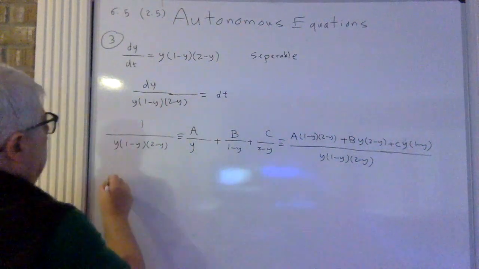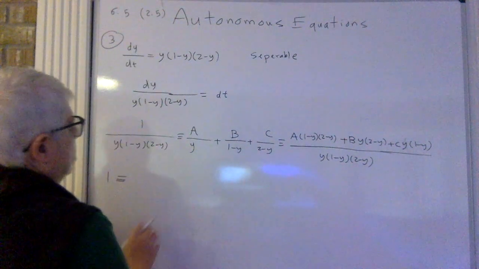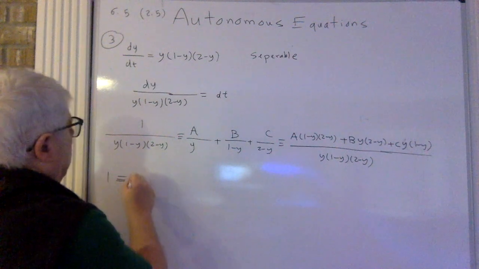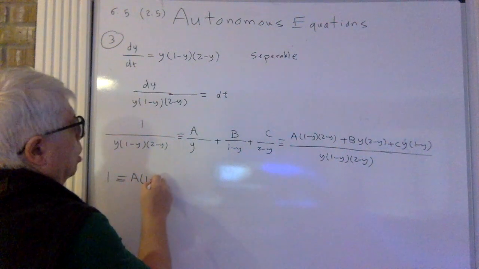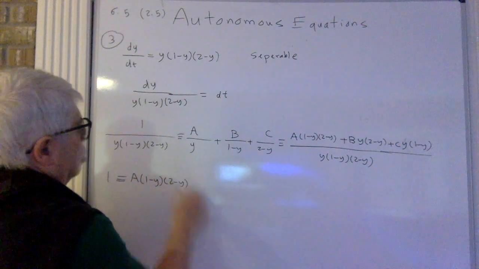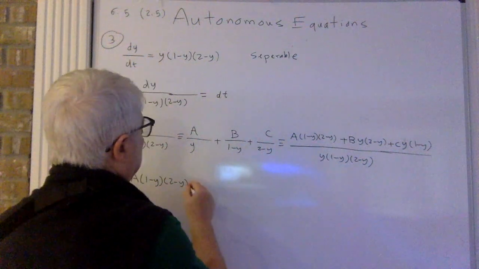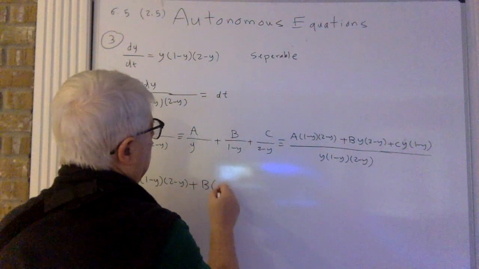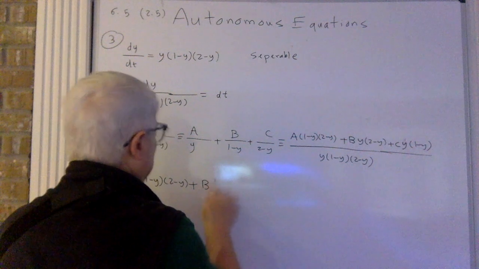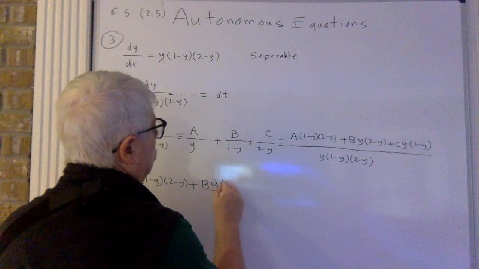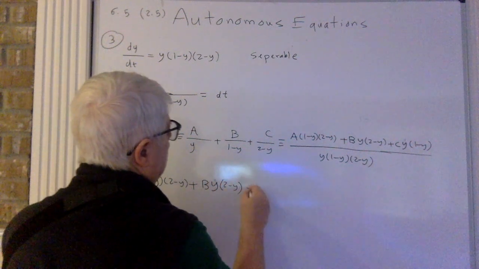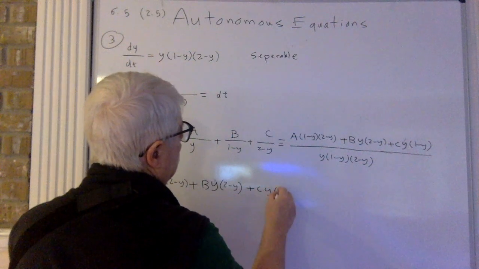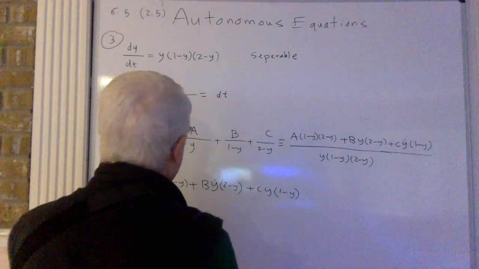So 1 is equivalent to a times 1 minus y, 2 minus y, plus b times y times 2 minus y, plus c y times 1 minus y.